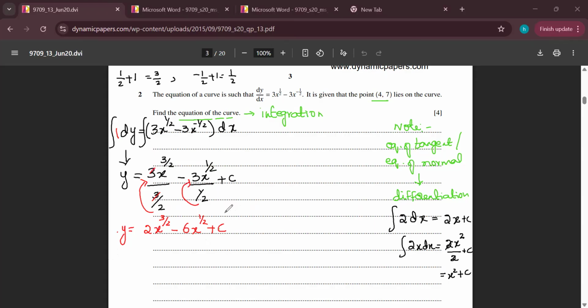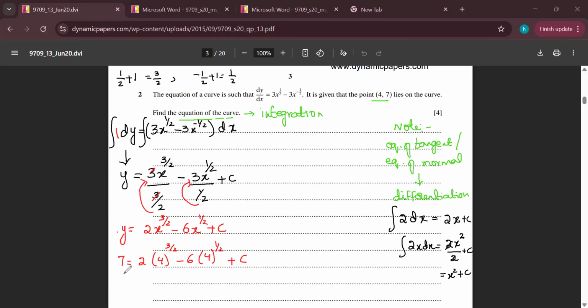But always remember, whenever we are finding the equation of the curve, we cannot write any constant. It has to be a number. So in place of y, I'm going to plug in 7. In place of x, 4 will come. 3 by 2 minus 6, 4 to the half plus c.